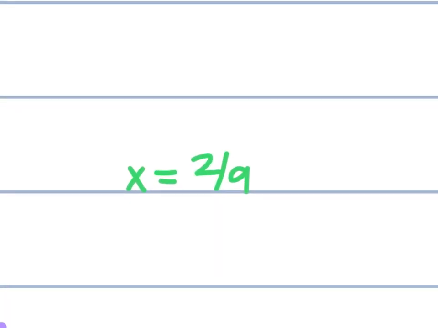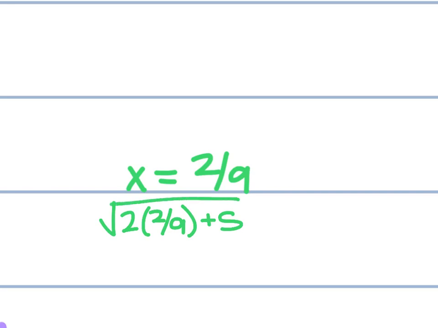Alright, so for the 2 over 9, we're going to have the square root of 2 times 2 over 9 plus 5 is equal to 2 times the square root of 2 times 2 over 9 plus 1.